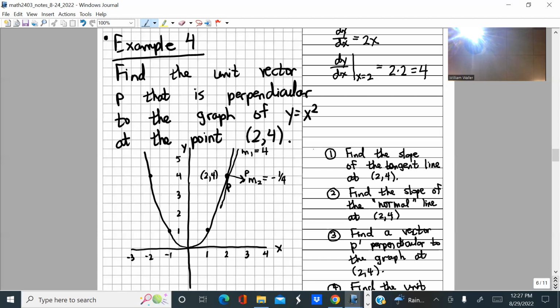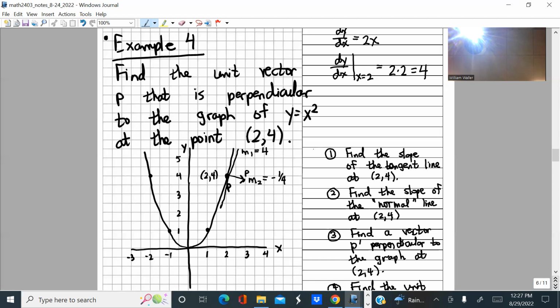So now, since you know this slope is minus 1/4, can you find a vector? It doesn't have to be a unit vector, but can you find a vector that looks like the vector in this picture? It has its initial point at (2, 4). So what would its terminal point be, so that if I computed the slope of that vector, I would end up with minus 1/4?